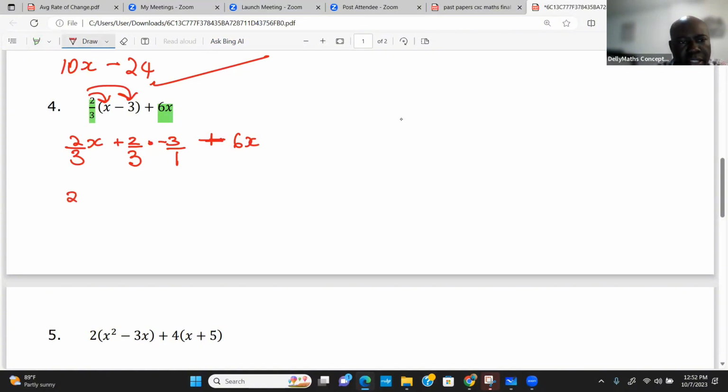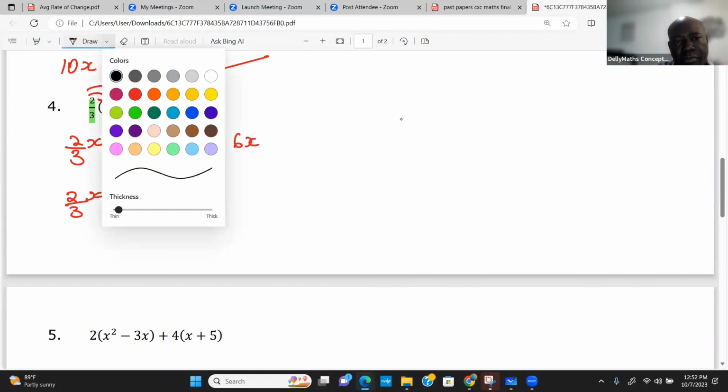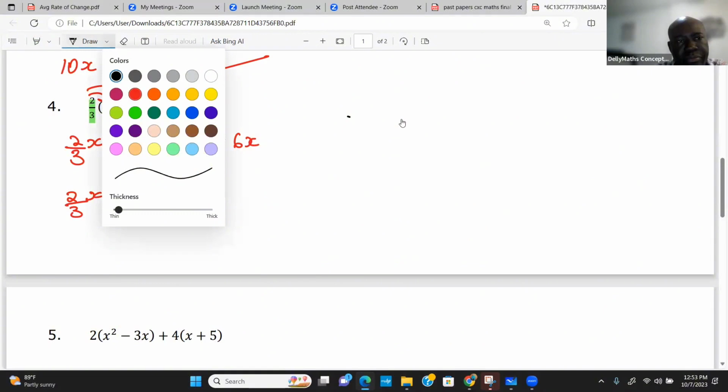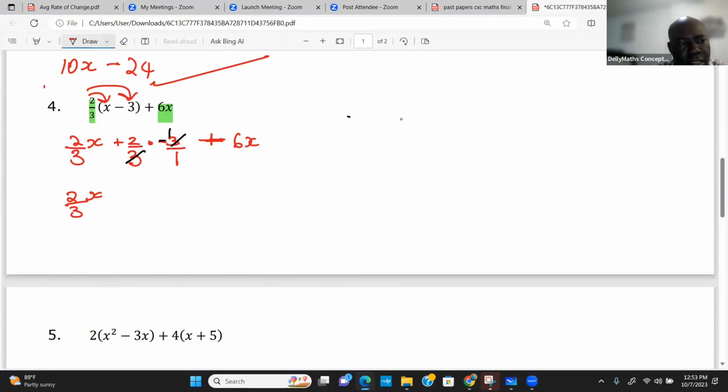So ultimately, I'm going to have 2/3 with x here, but these could cancel. I could cancel this 3 with this, leaving negative 1. So finally, I'm looking at 2 times negative 1, that's negative 2. And then I'm going to be adding 6x.